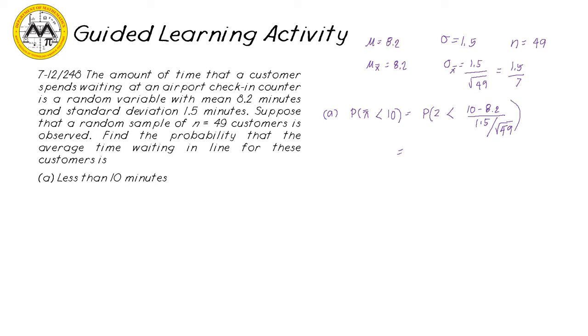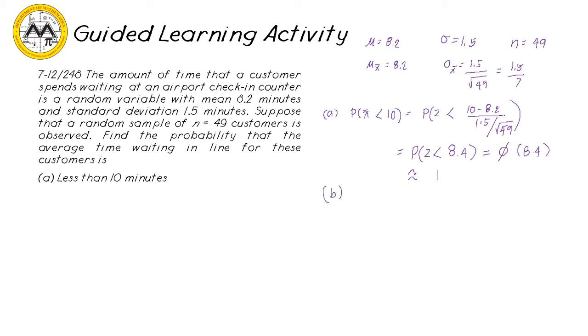So this is equal to P of z less than 8.4. So this is equal to phi of 8.4. So this is approximately almost equal to 1.